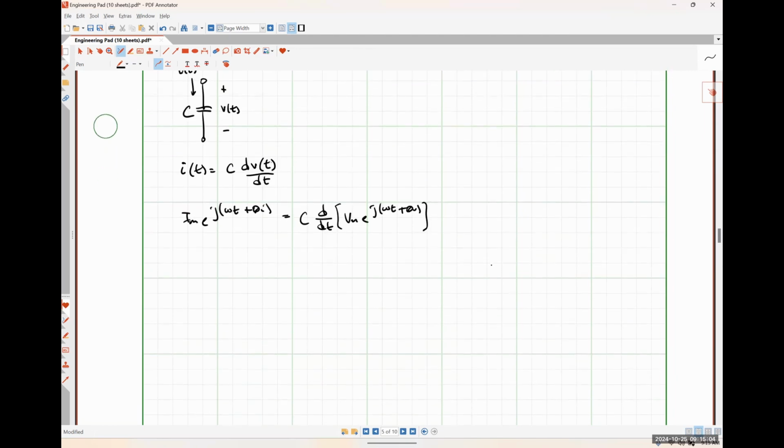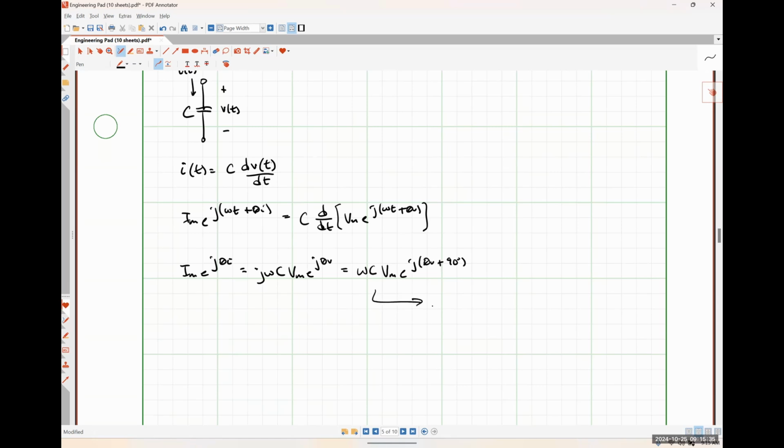Skipping ahead several steps, what we wind up getting is Im e to the j theta I will be equal to j omega c times Vm e to the j theta v, or omega c Vm e to the j theta v plus 90 degrees.